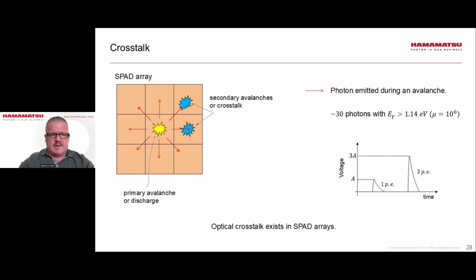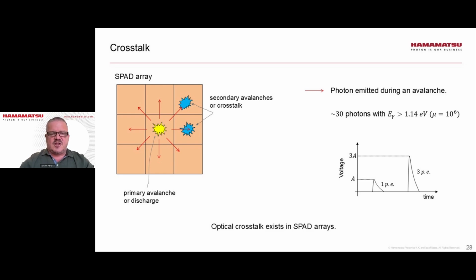So now when we have a SPAD array, more than one SPAD, then we have to deal with yet another undesirable phenomenon, which is crosstalk. Suppose I have a primary discharge as shown by the yellow cloud on the left-hand side.